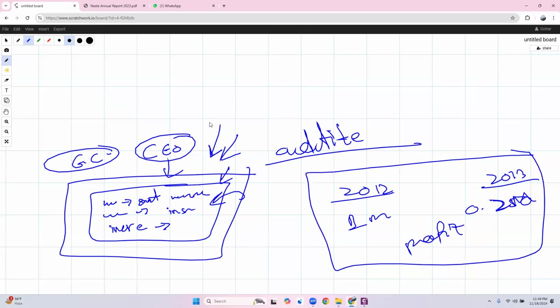So what happens is that as an auditor, it is also your responsibility to read this other information that has been given to the users as well. Just read these, not audit these.